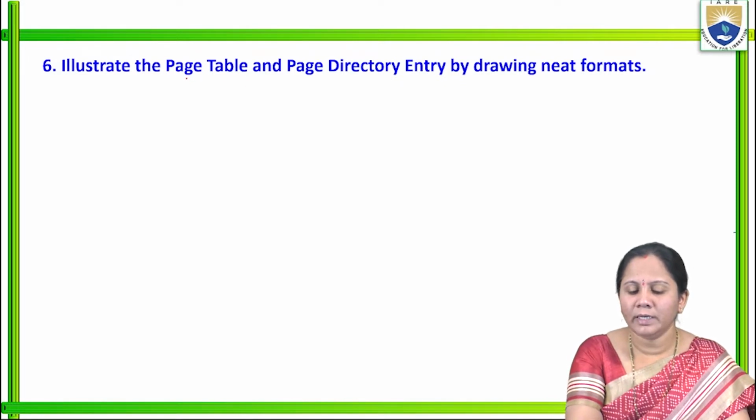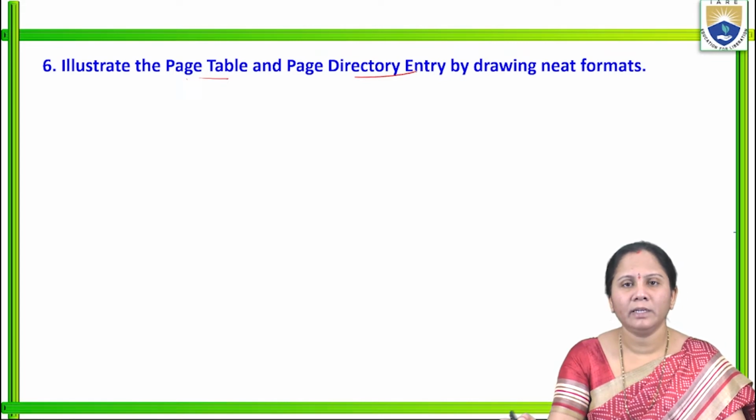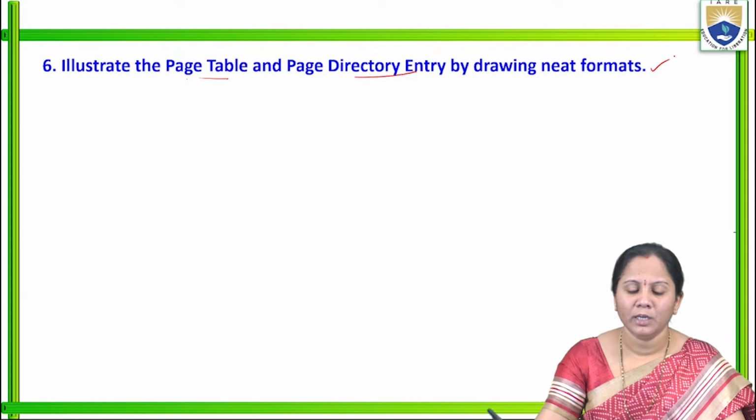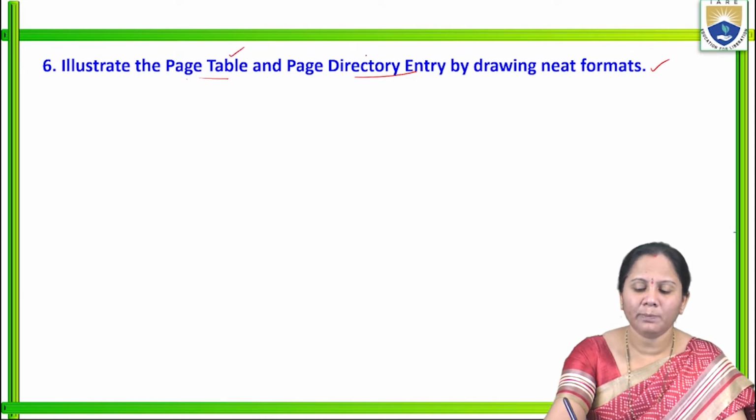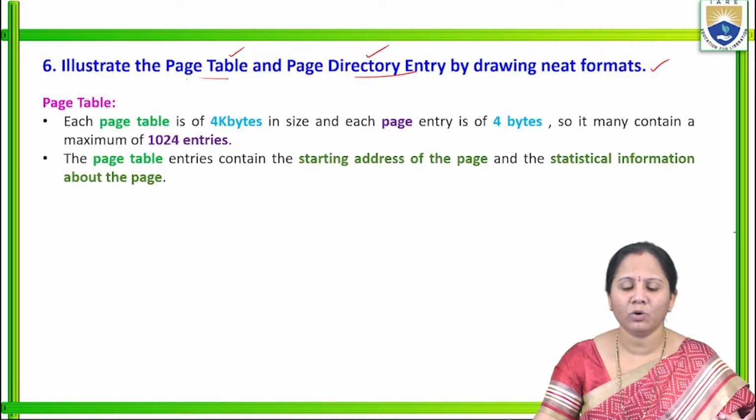And so illustrate about the page table and page directory entry by drawing the neat formats. So here this page table and page directory, these are the two components that will be used during paging mechanism. So here paging mechanism will be used in order to achieve the memory management efficiently.